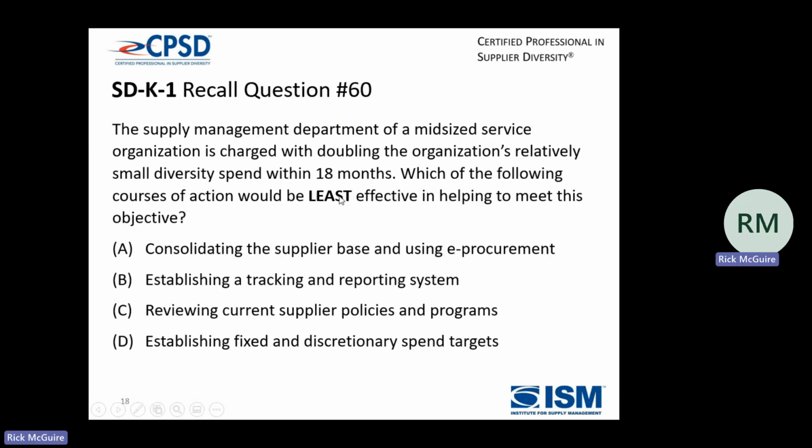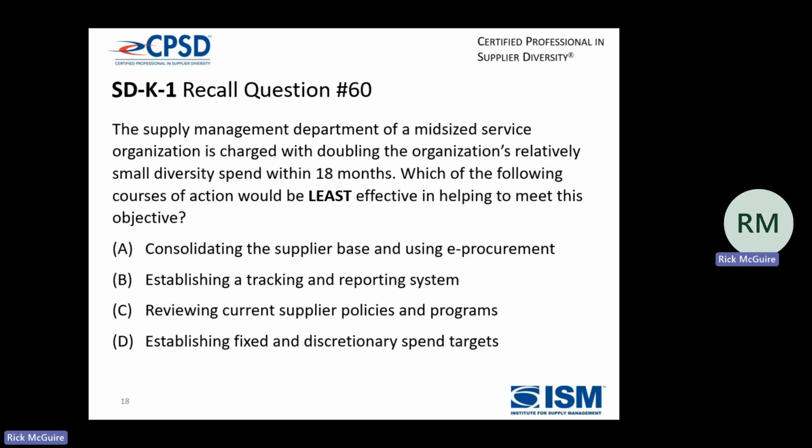Okay, one more. The supply management department of a mid-sized service organization is charged with doubling the organization's relatively small diversity spend within 18 months. Which of the following courses of action would be least effective in helping to meet this objective? Consolidating the supply base and using e-procurement. That probably wouldn't help.